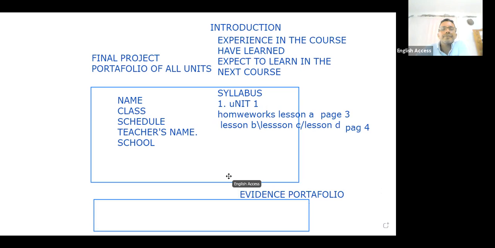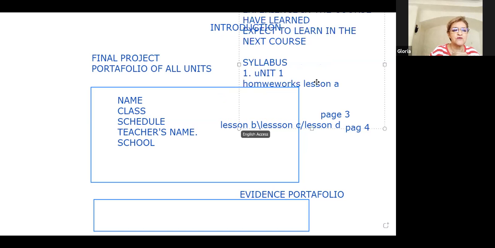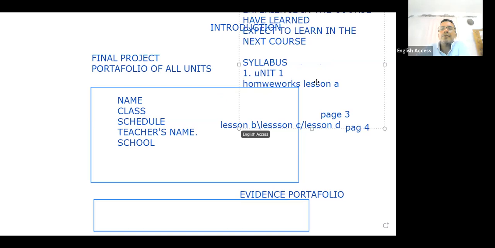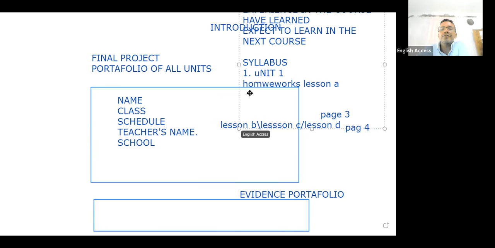Question? Sí, sí, teacher, en Spanish. ¿Cuánta extensión se tiene que trabajar? ¿Media hoja, una hoja por tema? No, Gloria, you already have the homework, right? Ya tienes las tareas listas. Solamente las tienes que incluir con fotos.